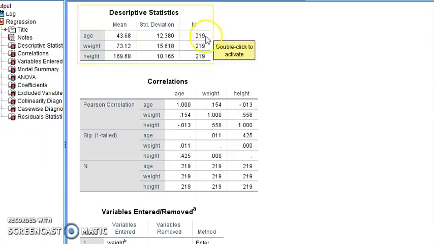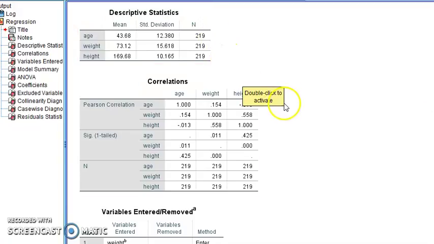Now hopefully everyone's curious as to why there's not 271 data values. That's because only 219 data values in this data set contained age, height, and weight. So we did have some that were missing one or two of the variables.